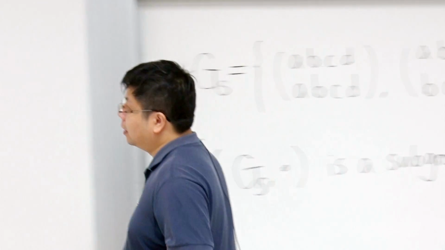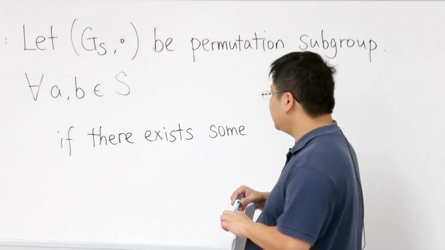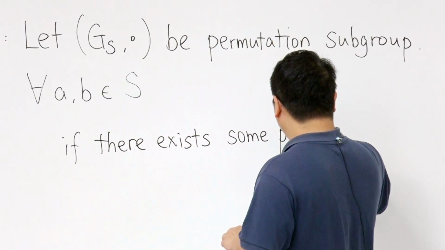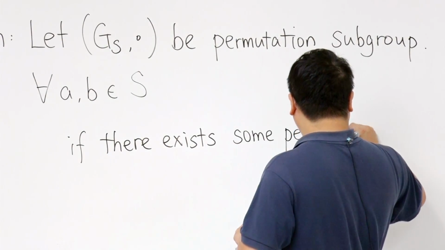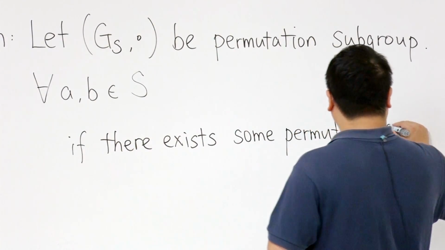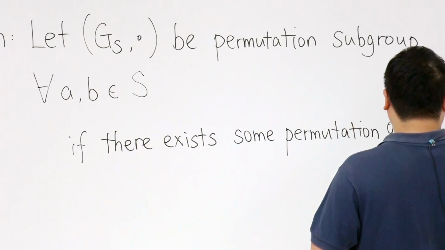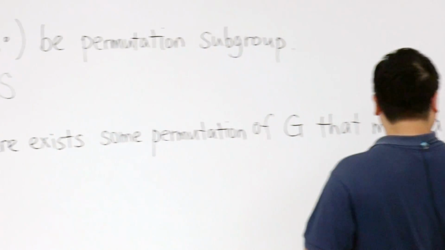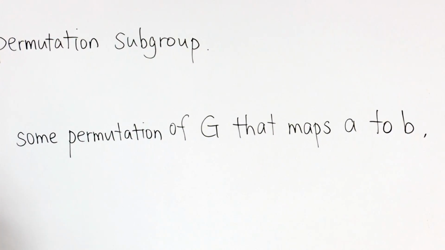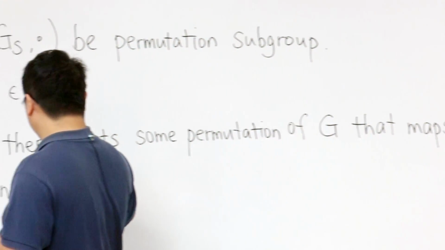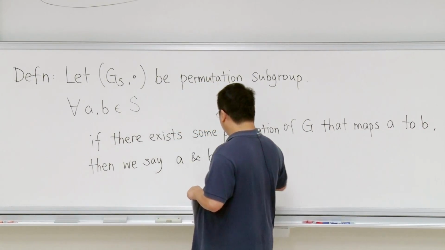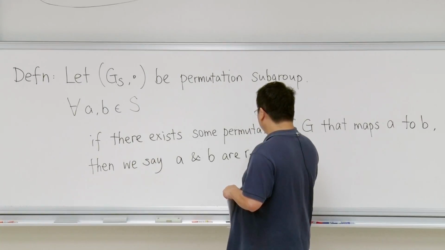Is that okay? Okay. So we define a concept called related. If there exists some permutation of G that maps A to B, then, this is the definition, we say A and B are related.